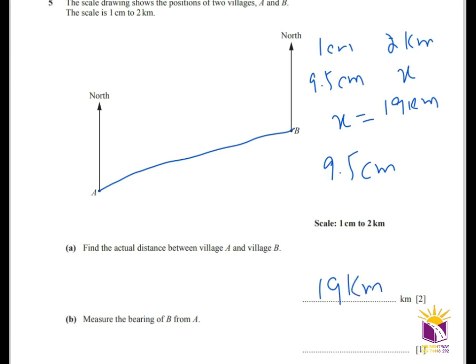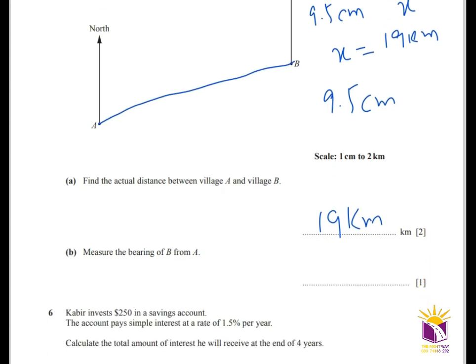Now you have to measure the bearing from B to A. So north will be drawn at A, and you have to find this angle from B to A. For this purpose, you are going to use the protractor, and from it you will get the answer, which will be equal to 73 degree.